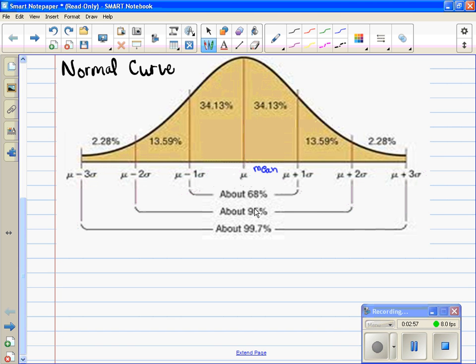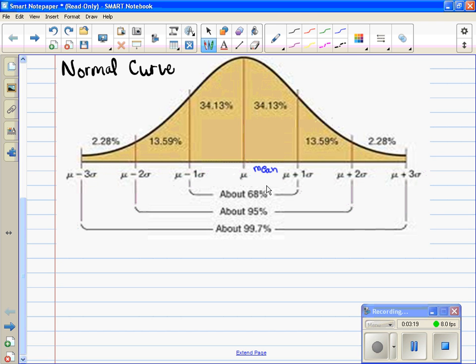What the normal curve says is that it doesn't matter if you're talking about flipping coins, heights of students, or wingspans of butterflies. For anything that's normally distributed, if you're within one standard deviation on either side, you can expect that to represent 68% of the population.